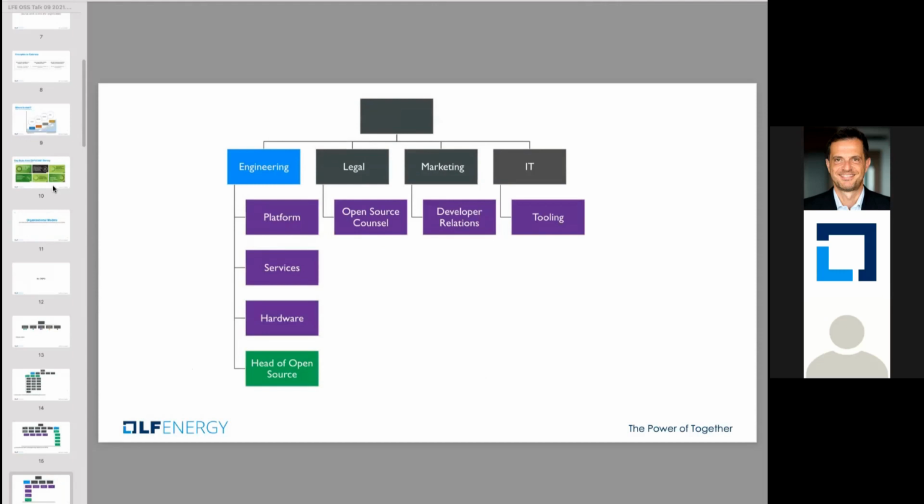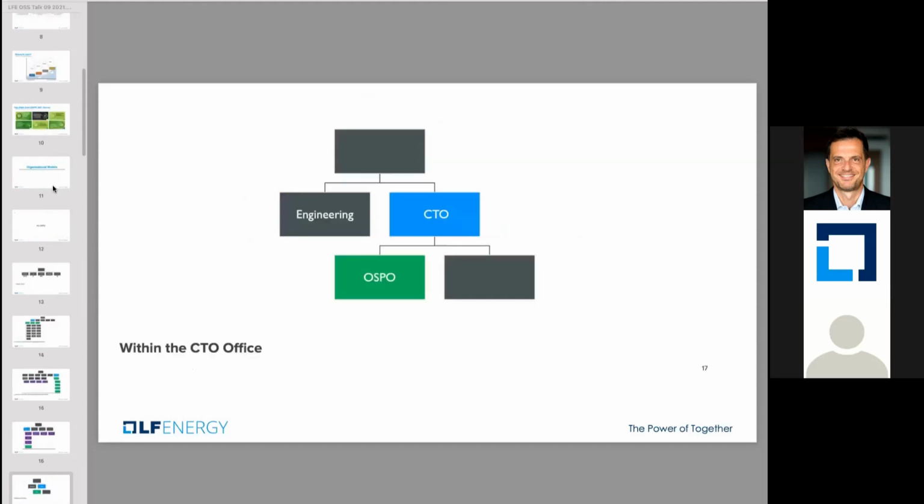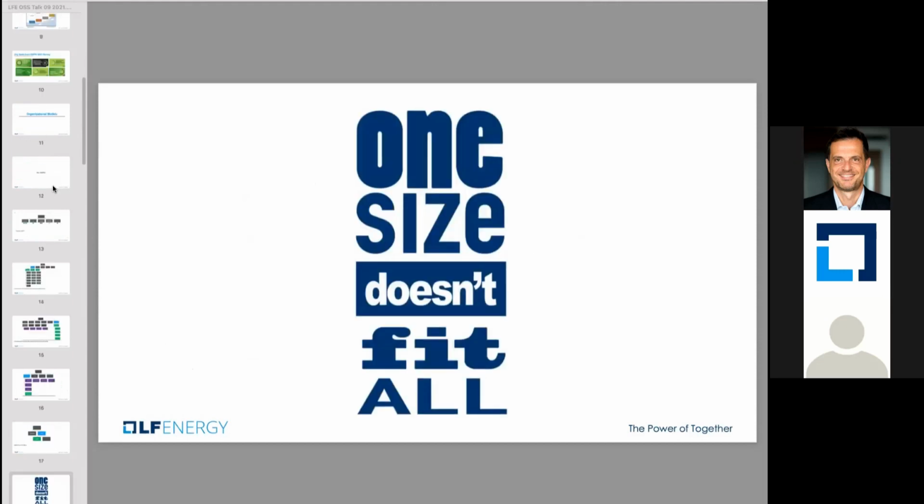And then there are multiple other iterations, such as an OSPO team within the CTO office, and many other variations. I think the key idea here is that one size does not fit all companies, and there's no wrong way of doing it either.